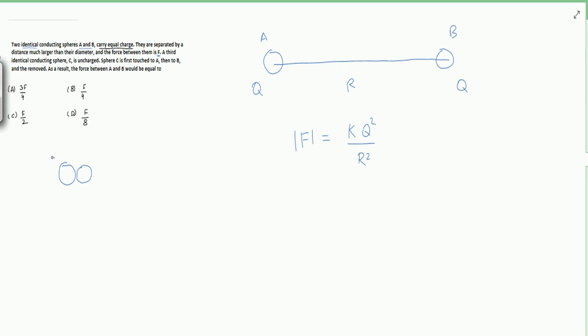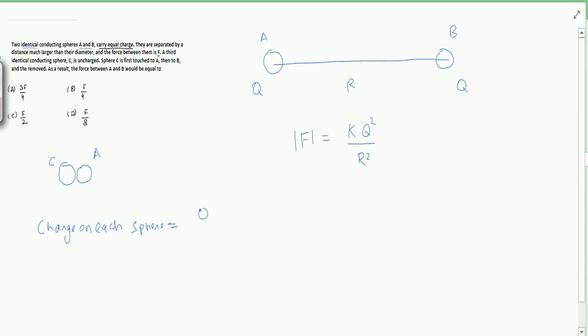Suppose this sphere is C and this sphere is A, which had charge Q. What will be the charge on each sphere after contact? It will be their mean, that is their average.